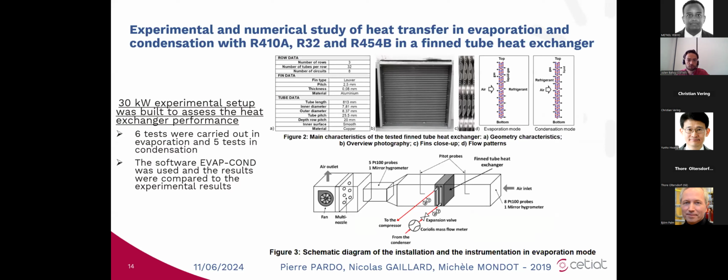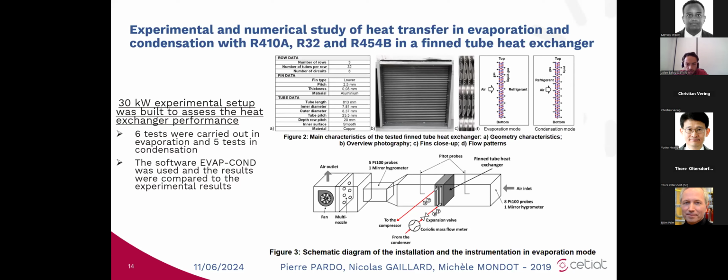The first step was to use the EvapCond software to find the candidate that suited the most the thermodynamic cycle that was used. And then there were some tests carried out on a finned tube heat exchanger, in both evaporation and condensation mode.